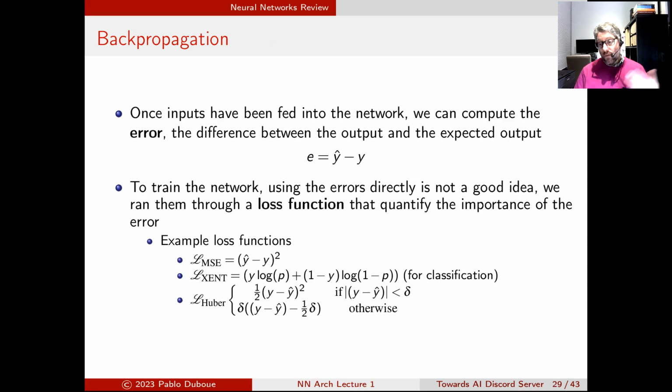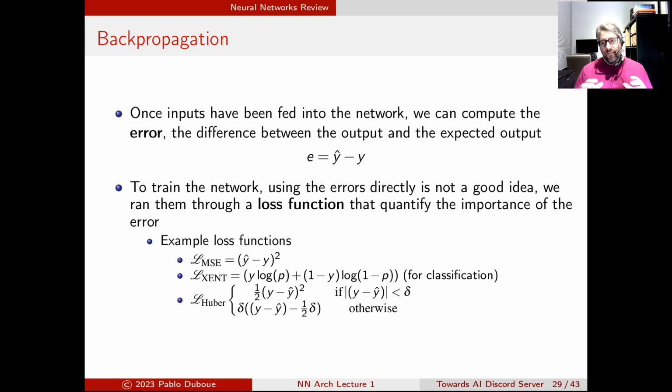So instead of using errors, we use the errors to define a loss function. And there are a number of loss functions that are used in practice, like the mean square error or the cross entropy, etc.